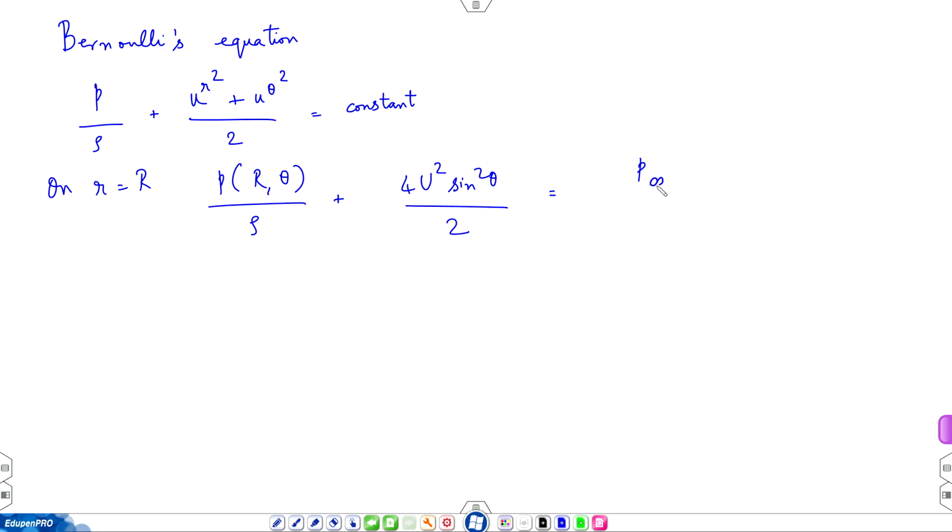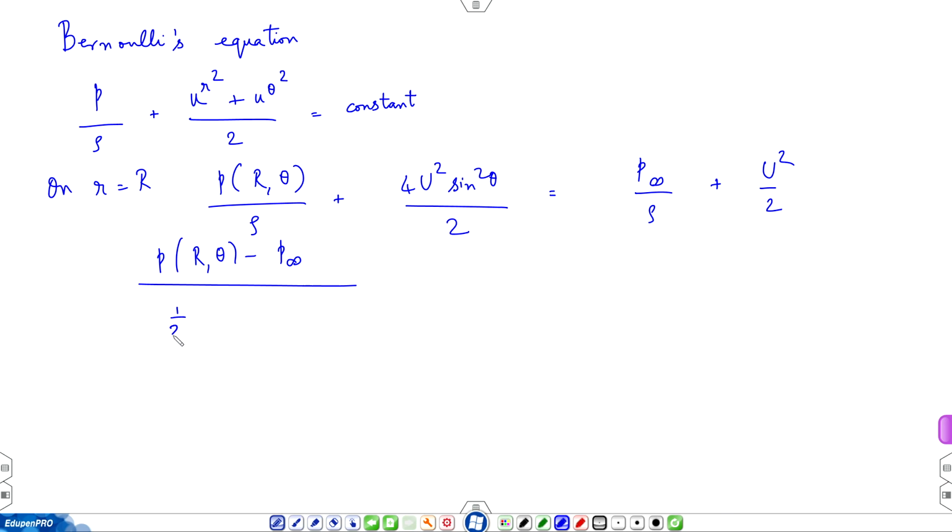This is P infinity over rho plus the velocity there is capital U square over 2. So, P minus, so I should write P just to be specific. So, this I am expressing in dimensionless form.